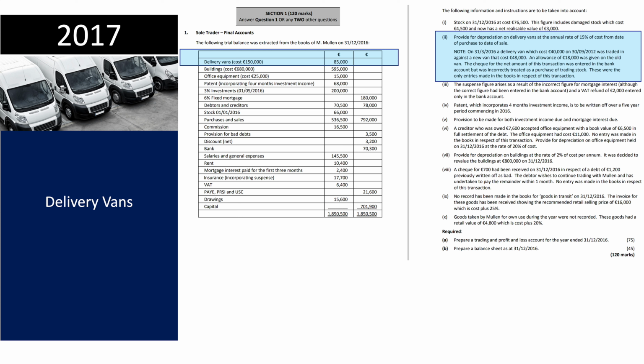An allowance of 18,000 euro was given on the old van. The cheque for the net amount of this transaction was entered in the bank account but was incorrectly treated as the purchase of trading stock. These were the only entries made in the books in respect of this transaction. Okay, so let's get started.